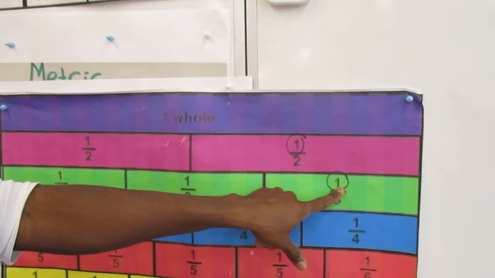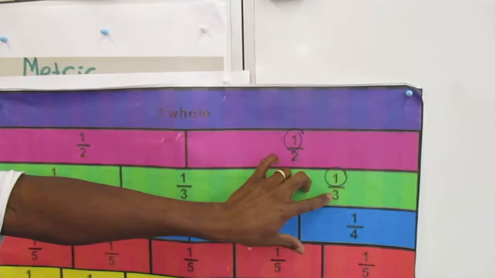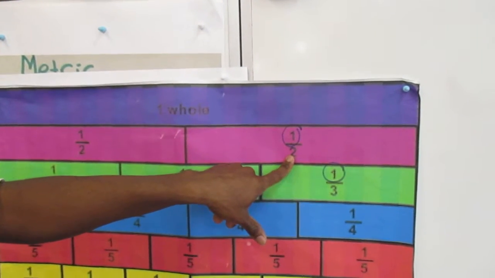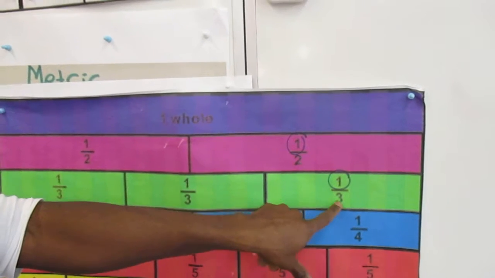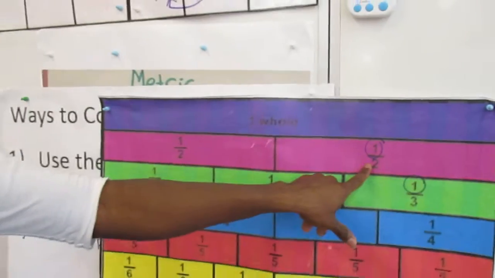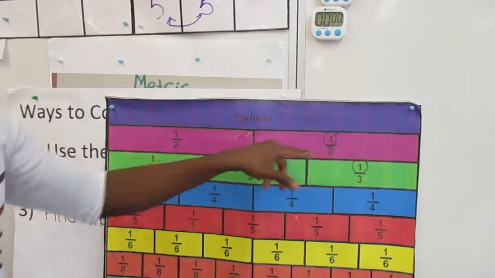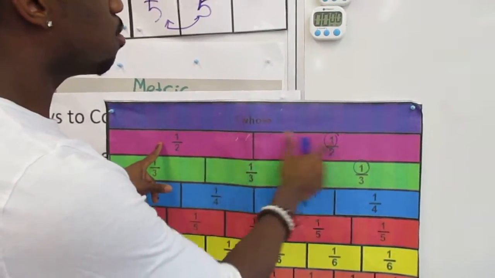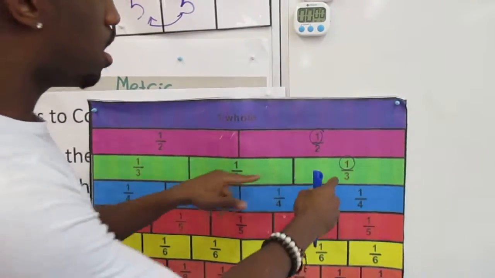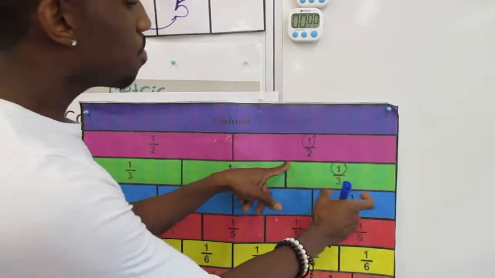Great, that's what we're focusing on. But now look at the denominator. This 1 whole fraction is being split amongst 2 people. Here it's being split amongst 3 people. When it's split amongst 2 people, we can see that each piece is a little bit bigger. But when the same pie is split amongst 3 people, each piece is a little bit smaller.